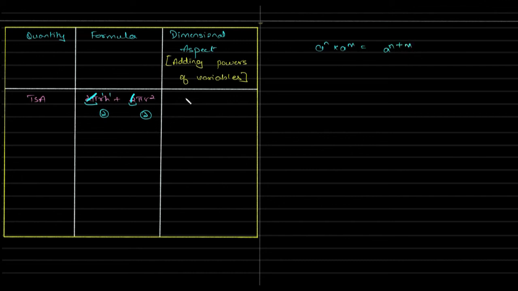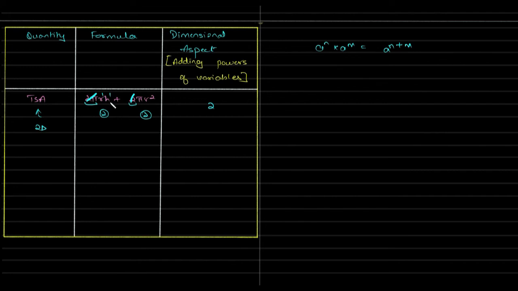So dimensionally, even though these are two different variables, we can tell that the highest power is 2. Since we know that area is of 2 dimensions, here we'll get the power to be 2. Again, we are just adding the powers, that's all. Don't think too much. Forget about the constants, look only at the variables. Add the powers of the variables, whatever the base may be.